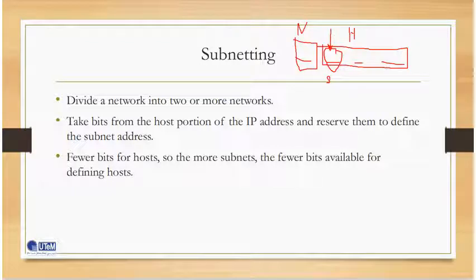Fewer bits for host, so more subnets. Fewer bits are available for defining hosts. When we reduce the number of bits at the host portion, it means that we can have more subnets. Each subnet contains fewer hosts.